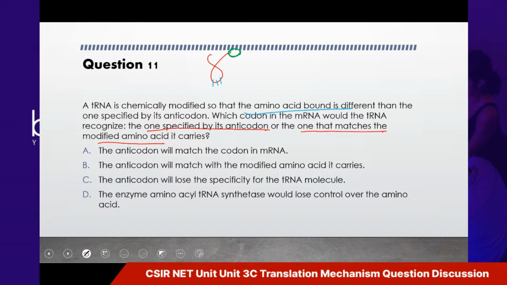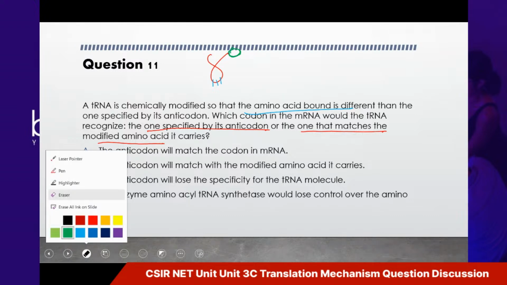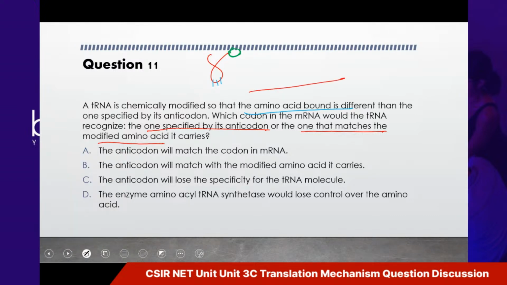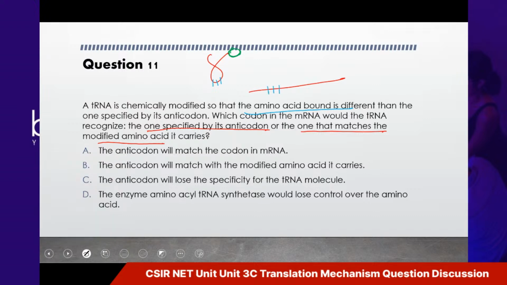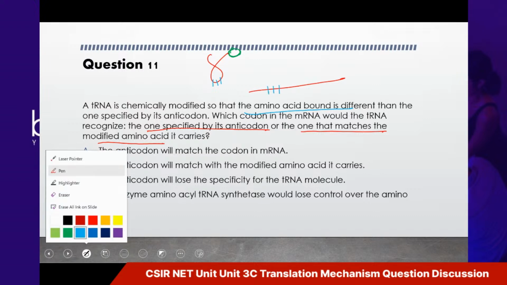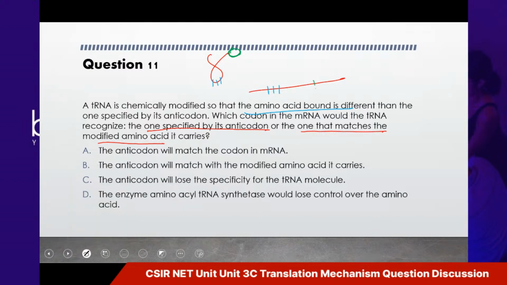Now the question is, if this tRNA goes for translation, which codon in the mRNA would the tRNA recognize? If this is our mRNA, which codon will it recognize? The one which matches with the blue anticodon, or the one that matches with the amino acid that it has?